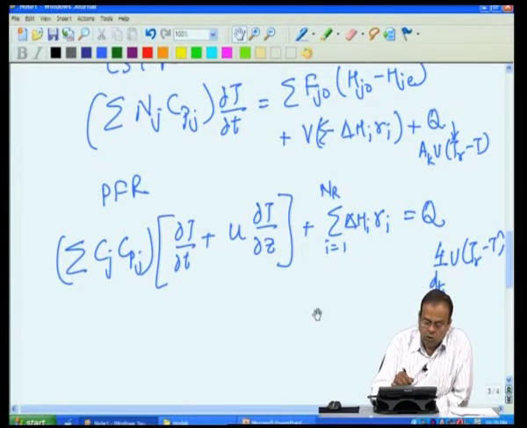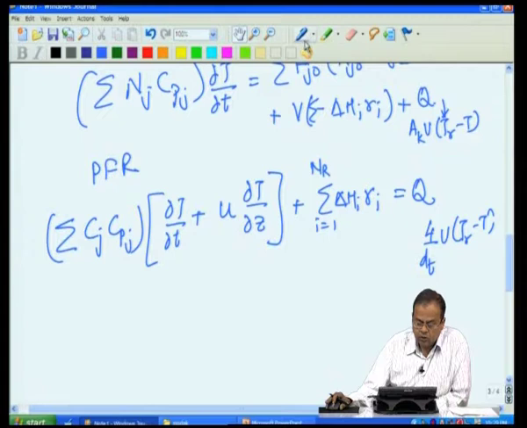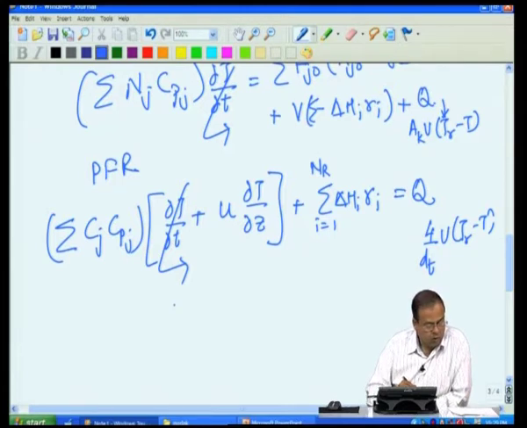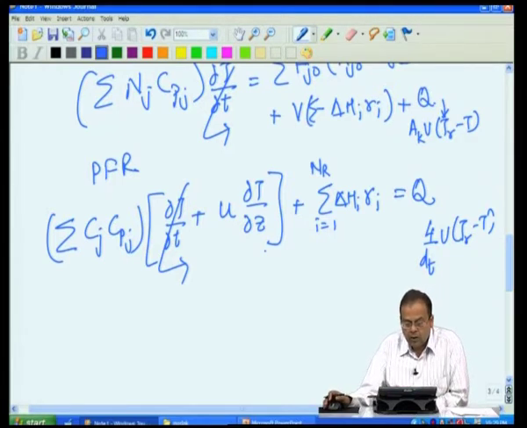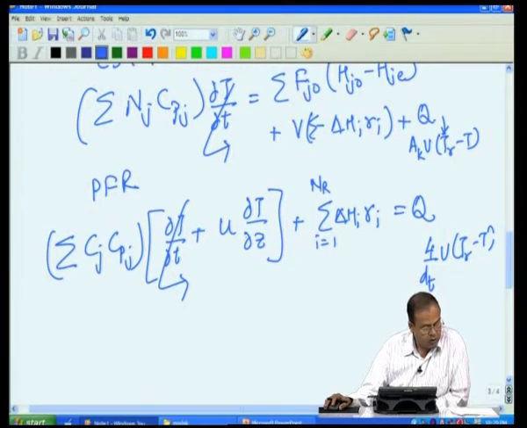So, we can put these accumulation terms to be 0, and similarly the convective term also to be 0, and simply say that to maintain a stirred tank reactor at constant temperature, an isothermal reactor, what is it that we require?